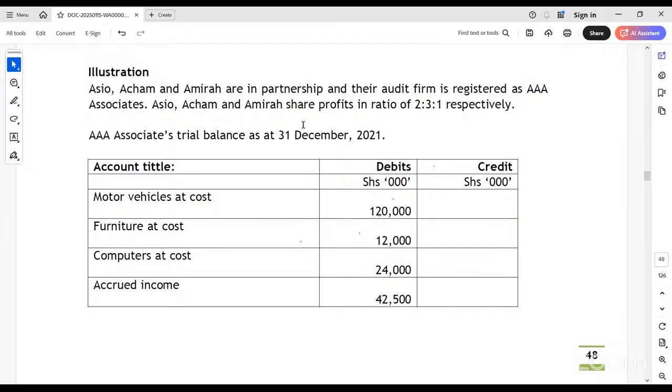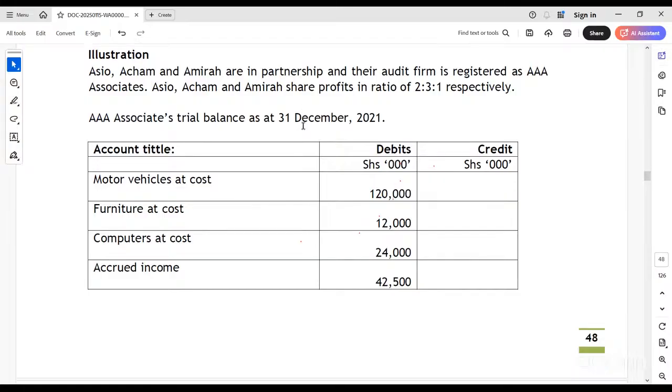So we have been told that ASIO, ACHAM, and AMIRA are partners, and their audit firm is registered as AAA Associates. ASIO, ACHAM, and AMIRA share profits in the ratio of 2 to 3 to 1.